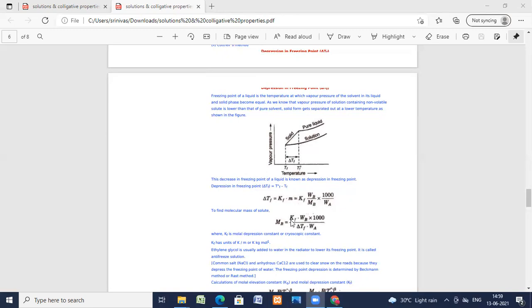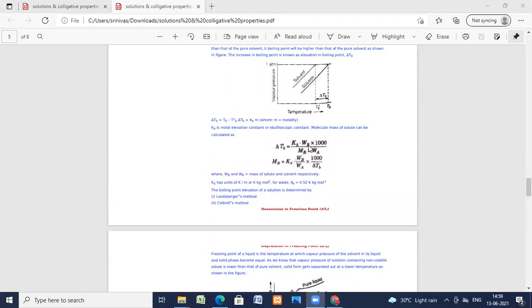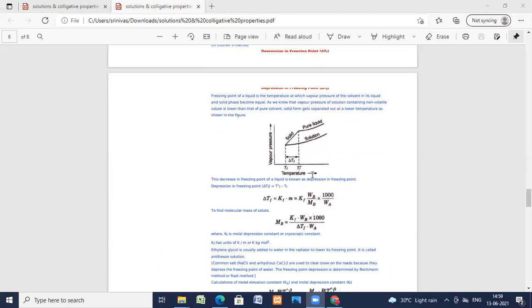Kf is the molal depression constant of the freezing point. Here, Wb is the weight of the solute, Mb is the molecular weight of the solute, and Wa is the weight of the solvent.